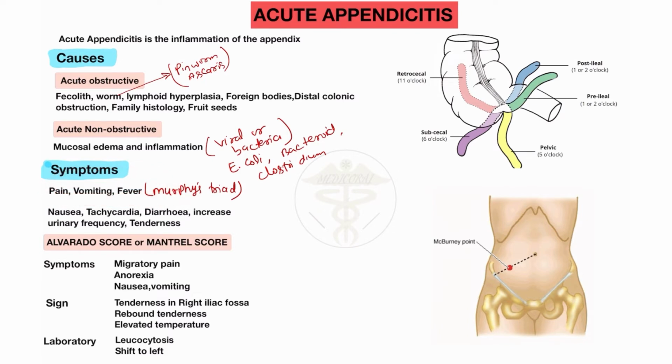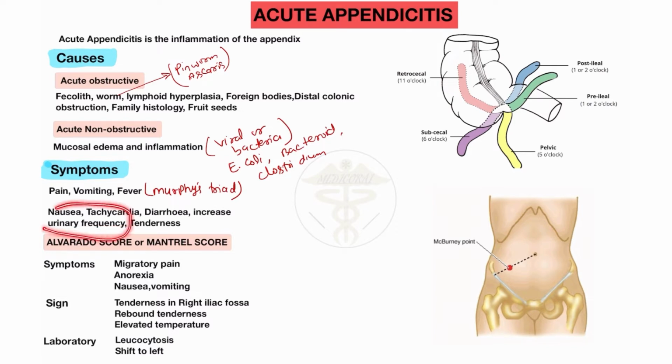Also the patient has nausea, tachycardia, an increase in heart rate, and diarrhea. Diarrhea appears when the appendix irritates the ileum, because it is in contact with the ileum part of the intestine. When it irritates the ileum, it causes diarrhea. There is also increased urinary frequency: when inflammation of the appendix irritates the urinary bladder, the frequency of urine increases.